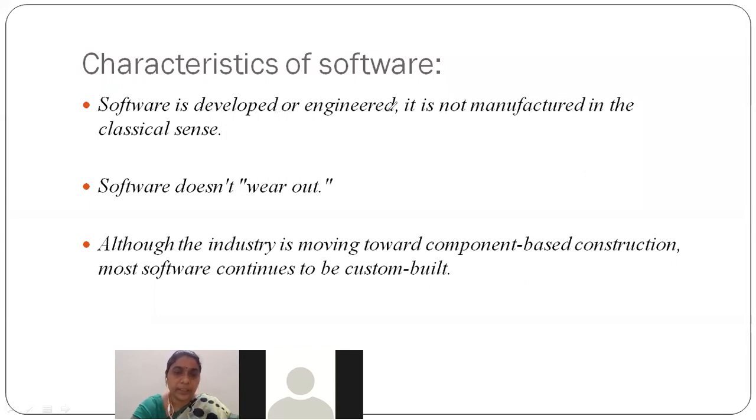The reason behind this is that while developing any hardware component, you say that the component is manufactured, whereas while developing any software component, we say that the product is developed but not manufactured. In both cases, while developing a product, first of all, you need to have a quality design. Then only your end product will be a good product.